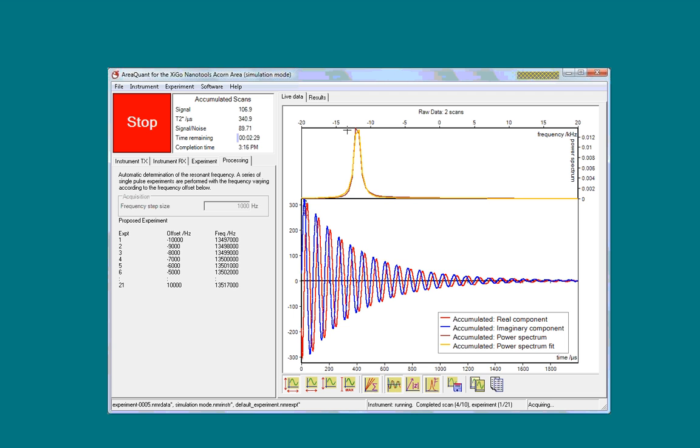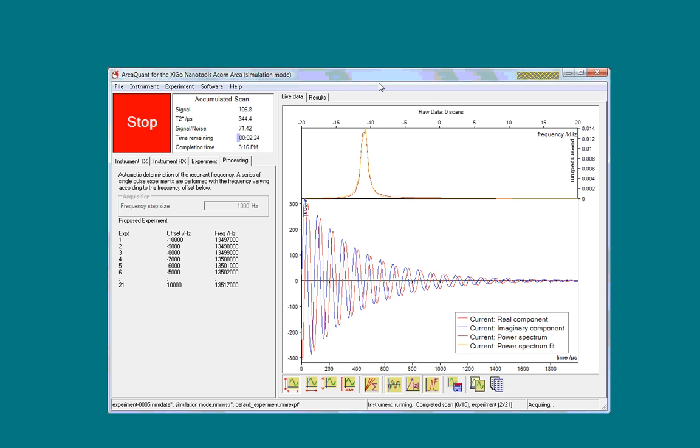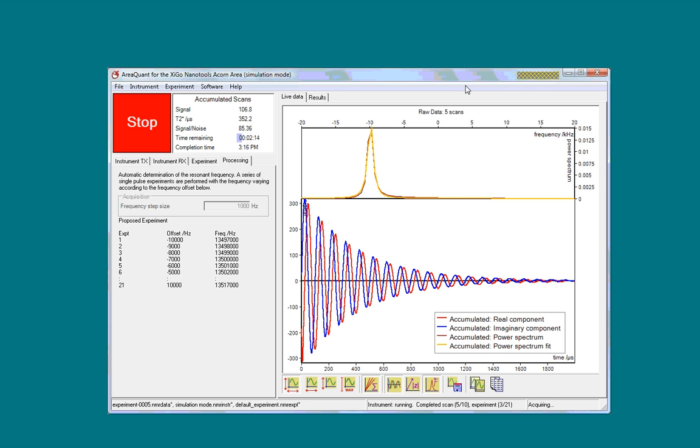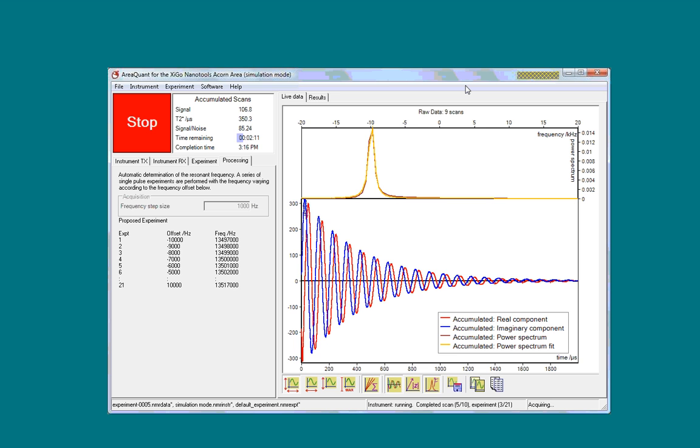So you see this is shifted over 1 kilohertz. When we're exactly on resonance, the peak of the power spectrum, or the Fourier transform of the data, will be exactly there.